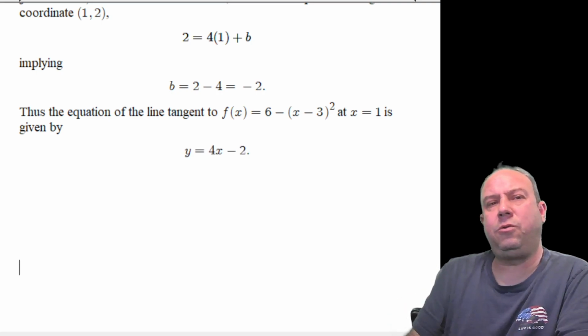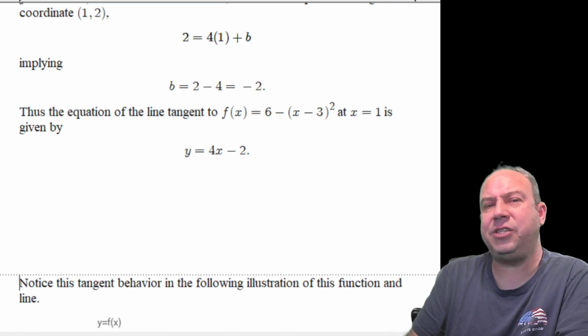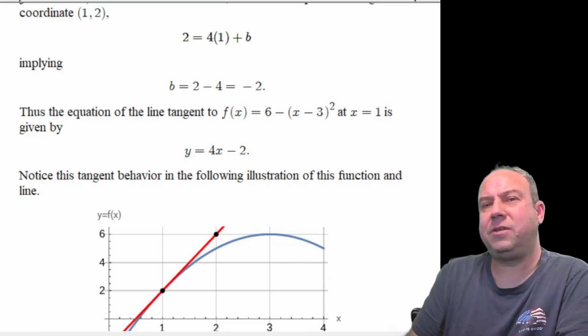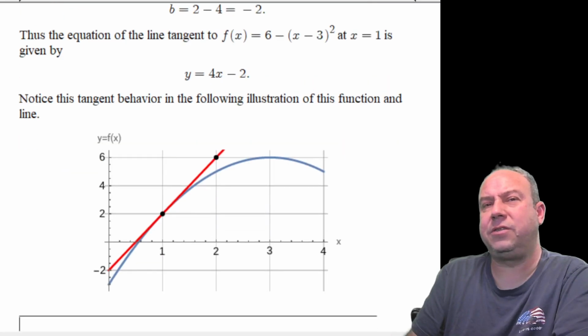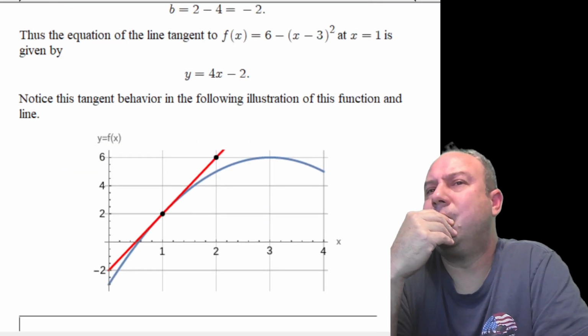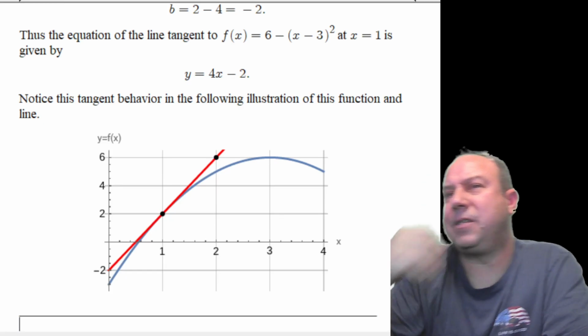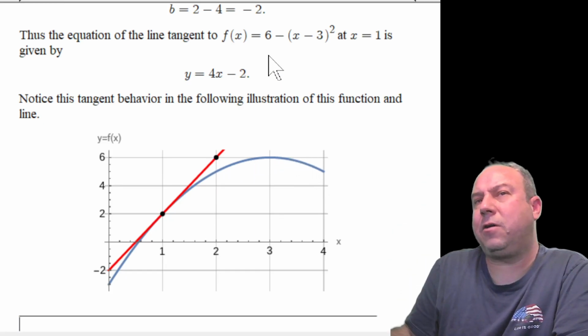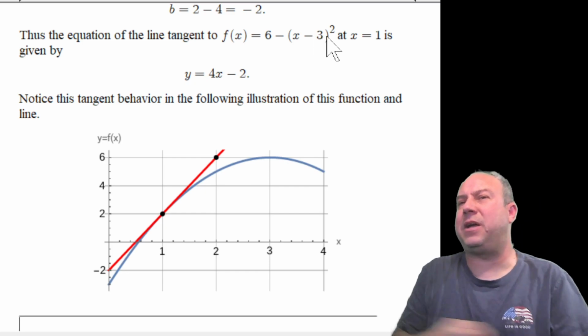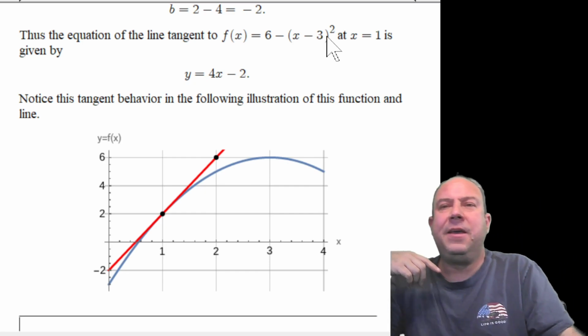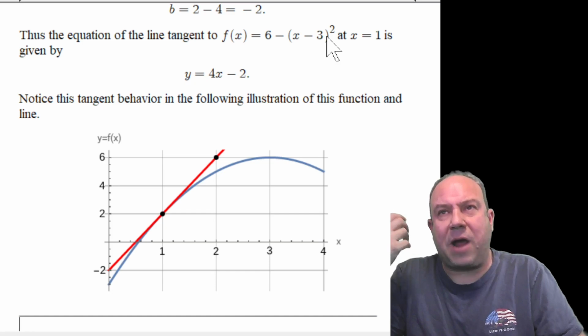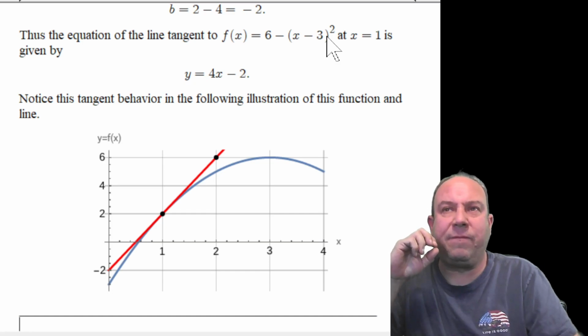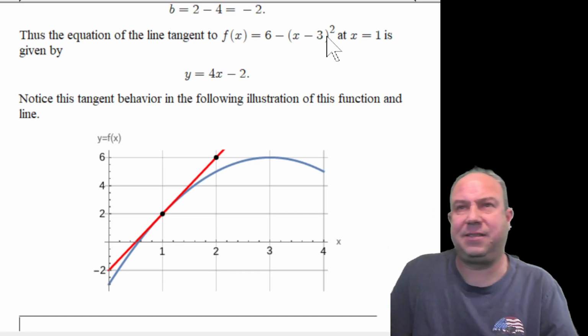Now I graph both those equations and show you that they are indeed tangent. Notice this is the graph of those two equations. This is the graph of that parabolic curve, 6 minus the quantity x minus 3 squared. We can see it is a parabola, a quadratic equation with a vertex at (3, 6).